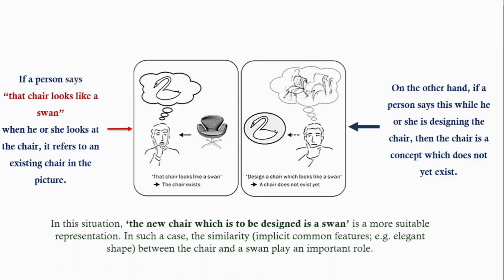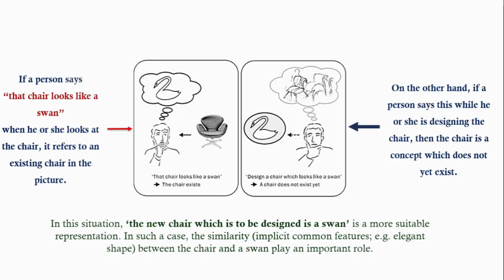So in this situation, the right hand side person is trying to design a new chair which is to be designed as a swan, right, and it is a more suitable representation. That's why he can also say that I have designed a new chair which is representing the swan, right?